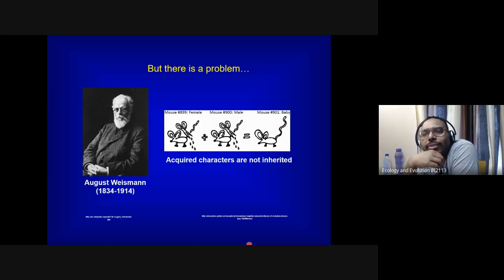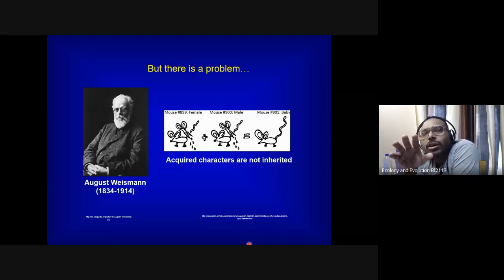So in some sense, we human beings have been doing Weismann's experiment for at least 2000 years in the context of Jews, and at least the last 1400 years in the context of followers of Islam. But all that information essentially tells us that whatever characters are acquired are never going to be inherited.